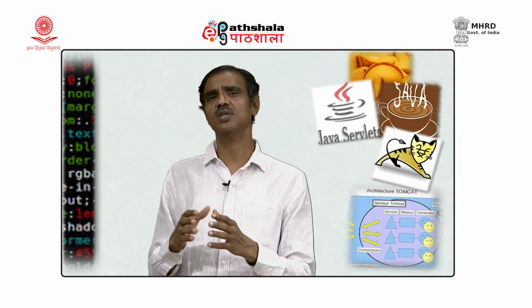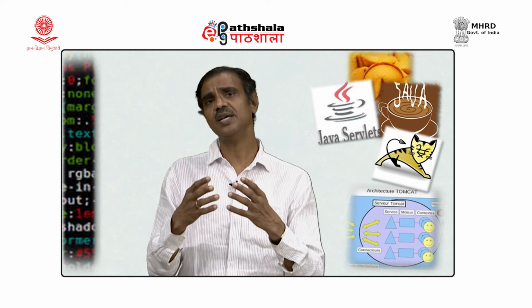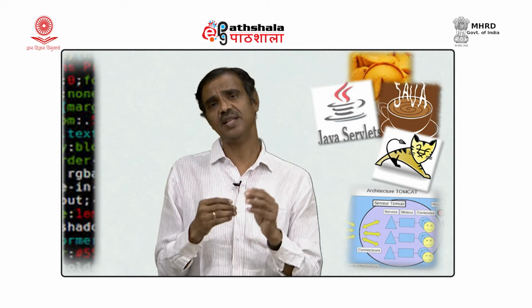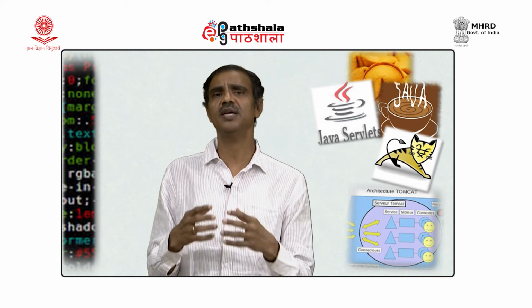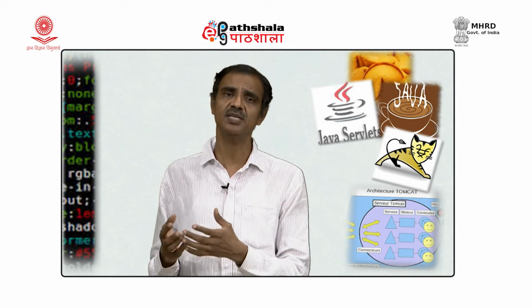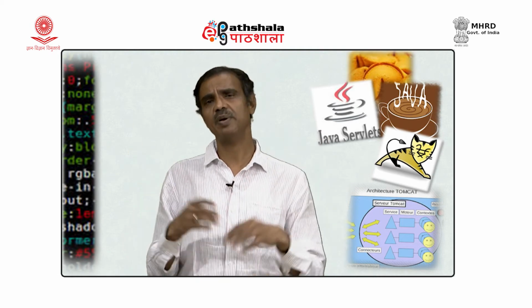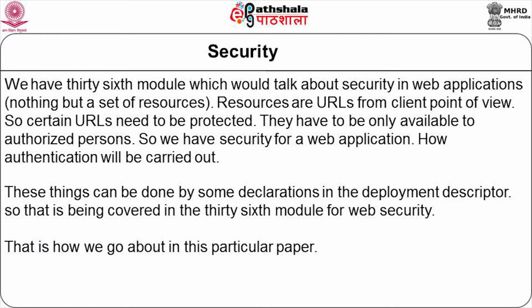Then we have another module which talks about security in Java for a web application. A web application is nothing but a set of resources, and all those resources are available as URLs. From the client's point of view, everything is URLs.